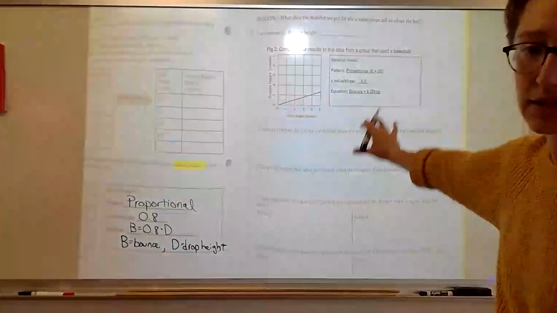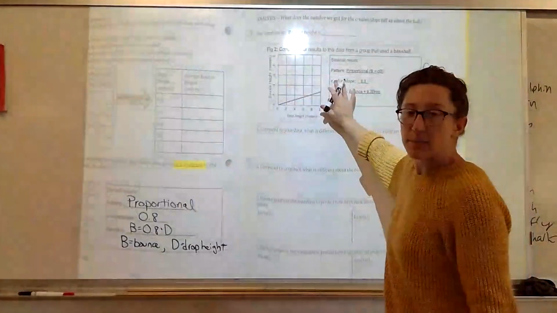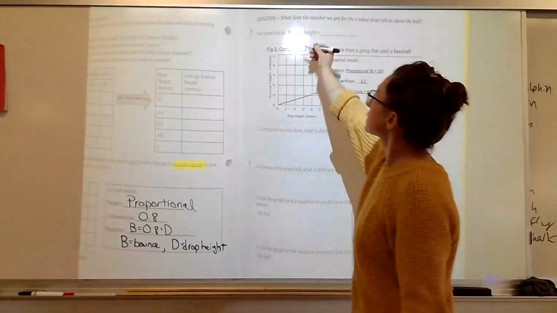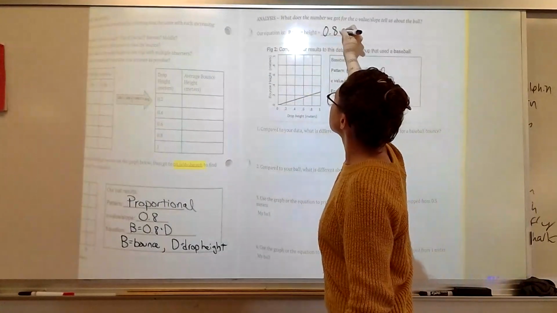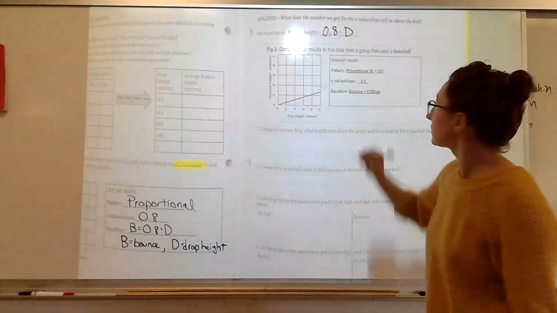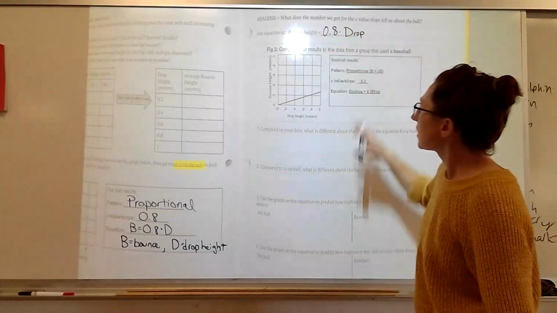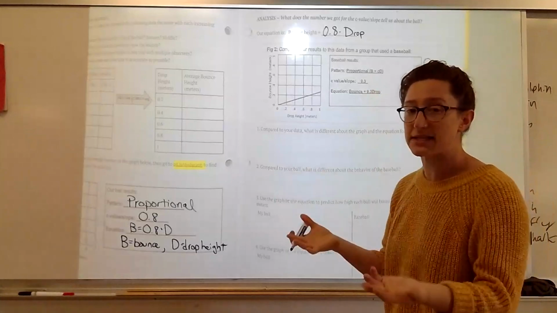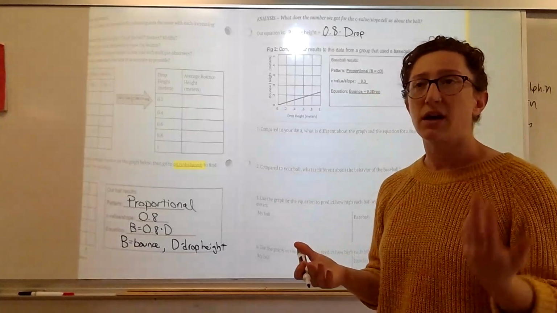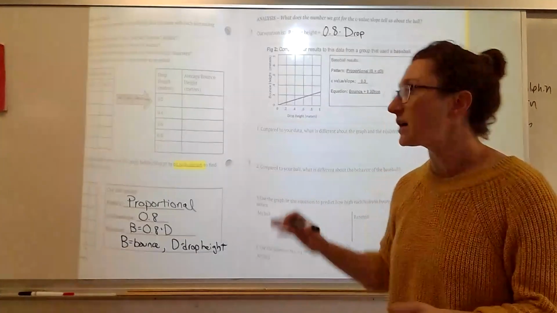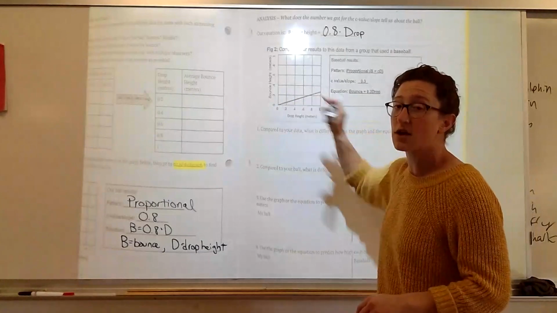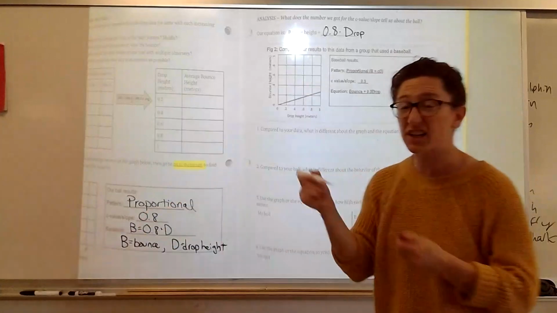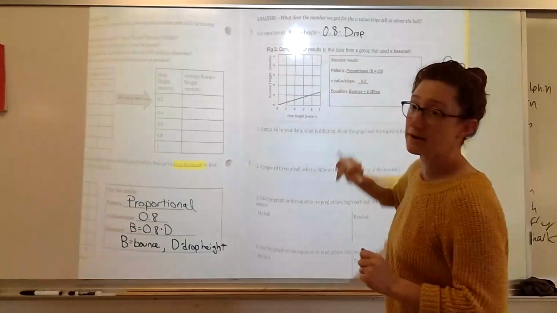So the analysis is to compare my data to the baseball's data. My bounce height equals 0.8 times drop height. I didn't ask you to do this, but it would be really helpful to you in seeing them side by side, and it's what the mastery check is going to be asking you to do: to be able to look at a graph where you have 2 lines on the same graph. So in a different color, I'm going to draw in the line for my bounce height.